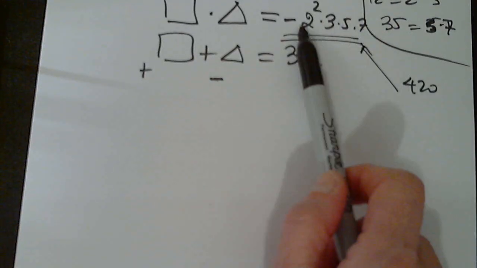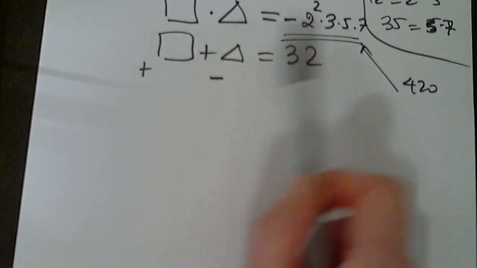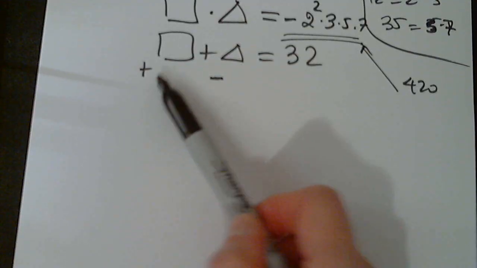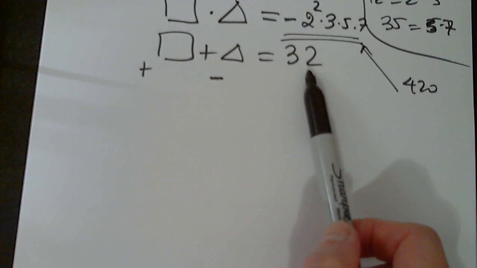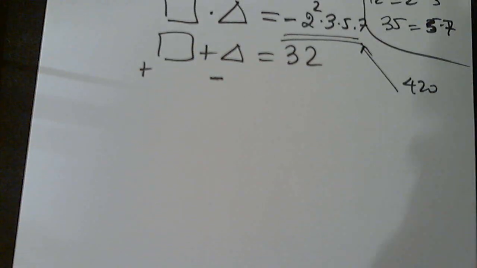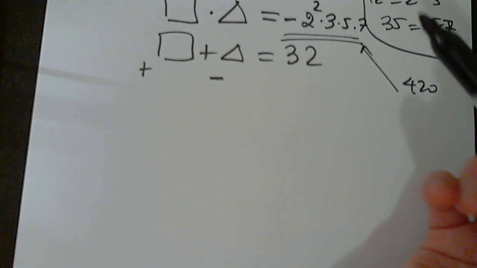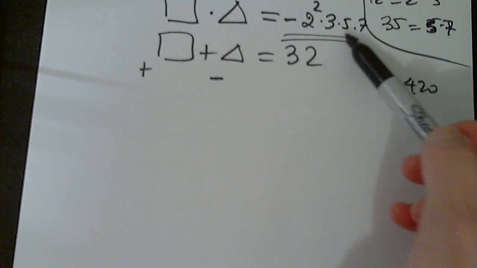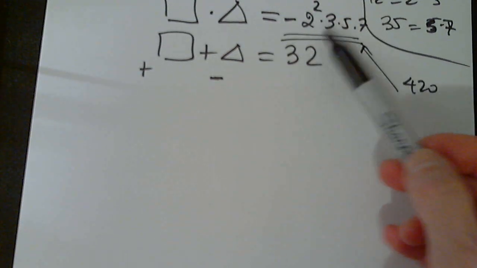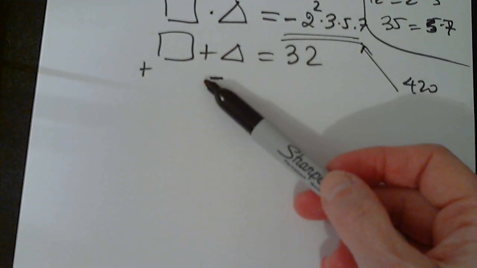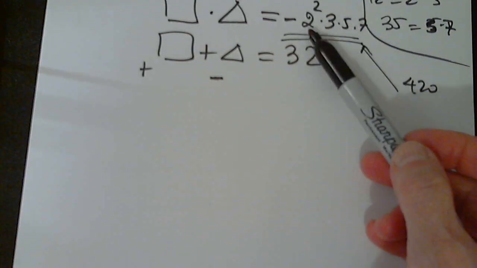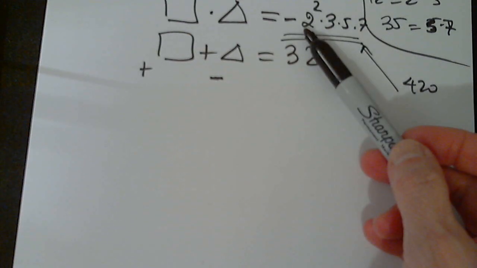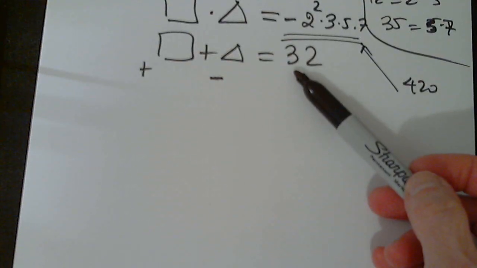So, I'm thinking, okay, how do I combine these into two numbers, one positive and one negative, so that I can handle the 32? So I try combinations, 4 times 3 and 5 times 7. It's not going to work. 3 times 5, 15 and 28. It's not going to work because I cannot get 32.